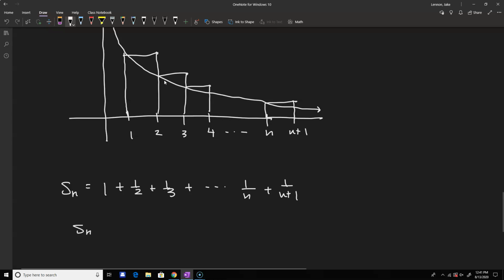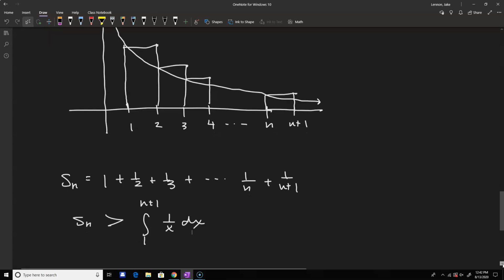So you've got all these little extra triangle-looking pieces all over the top. That's making this sum greater than the integral from 1 to n plus 1. So if we knew this integral diverged, that means it is going to infinity, so that would mean S sub n would have to be bigger. So that's the conceptual idea for the integral test here.